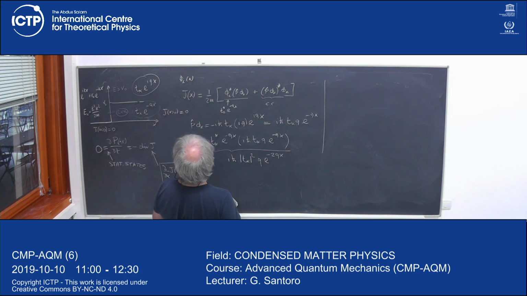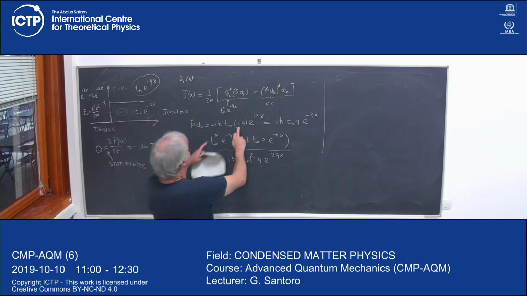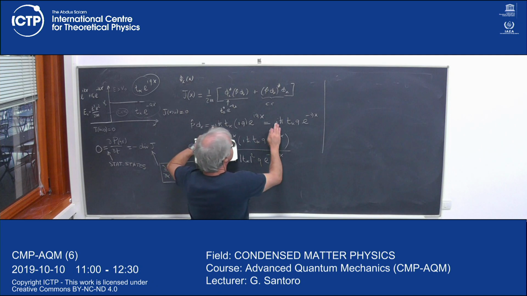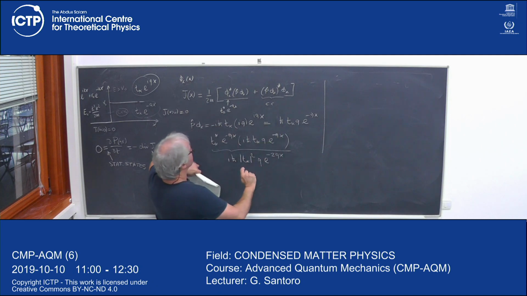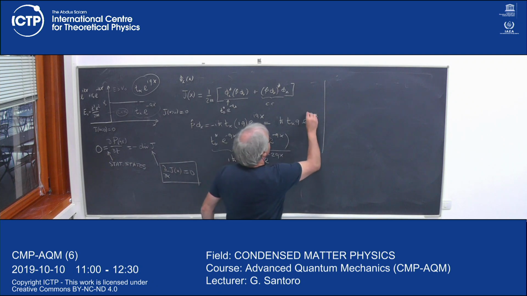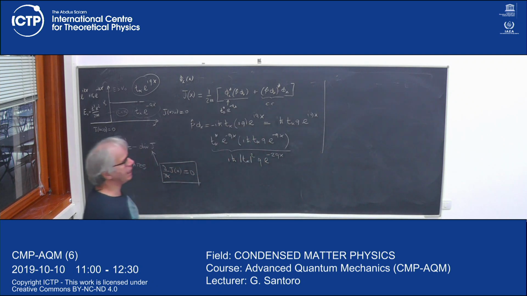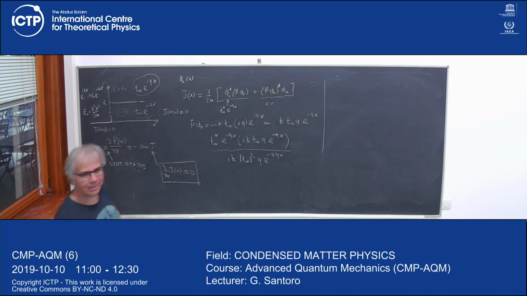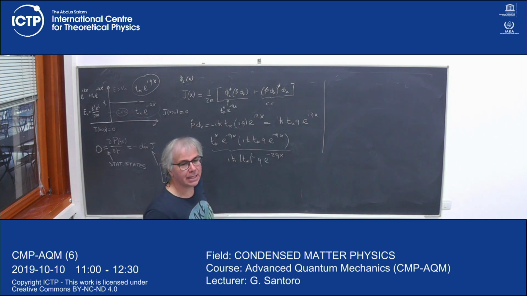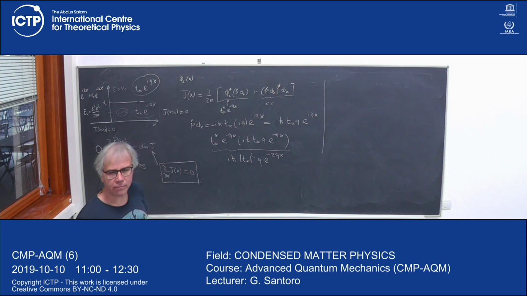The calculation gives me i and a minus, and the minus becomes a plus. So the i goes, and here there is an i. Okay? It's almost the same, but with a very crucial difference. The i that was making things cancel is gone.